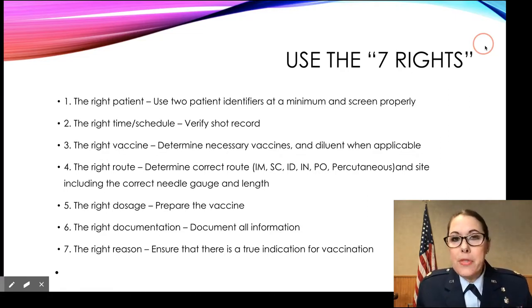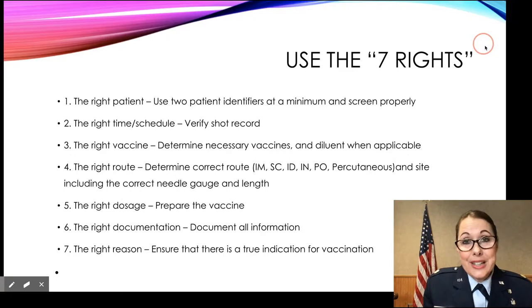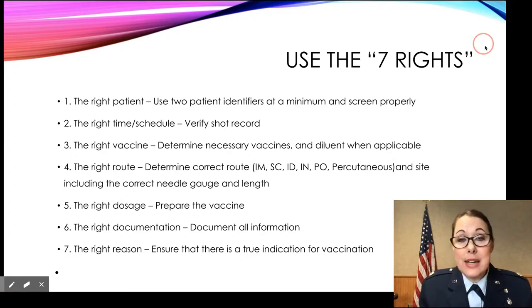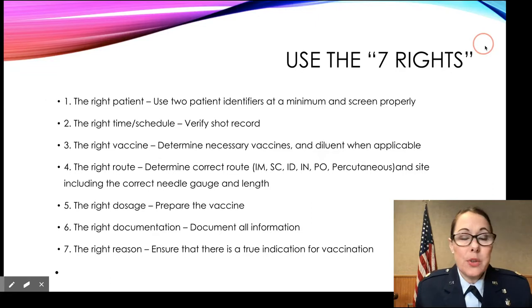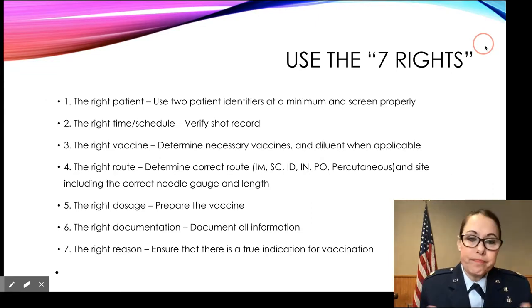Sometimes, too, there's a month apart. You give one vaccine, and a month later, you're to give the second dose. If you give it 2 weeks early, you're giving it out of the recommended time frame, and it could cause adverse events. You want to make sure you're doing the right dose. Is this a pediatric dose, or is this an adult dose? Make sure you know your ages.